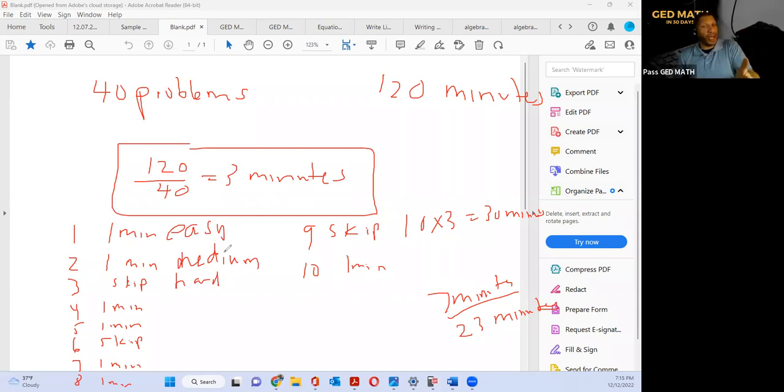Depending upon when you take your exam, these are all worth the same amount of points, whether you answer the easy one correct or the difficult problem correct. What I'm suggesting you do is do the easy and medium ones. Skip the hard ones, and once you finish the exam, come back to those hard problems. You're going to pass your exam. It ain't even no doubt.